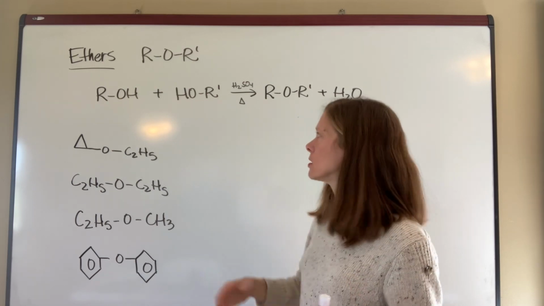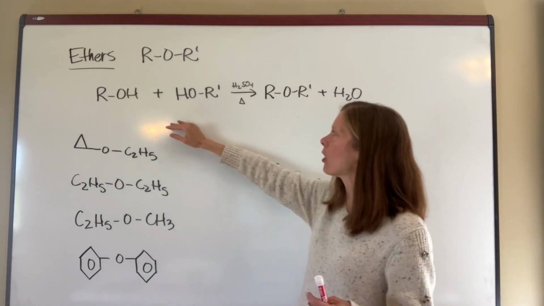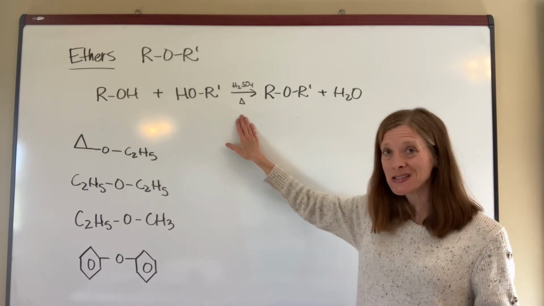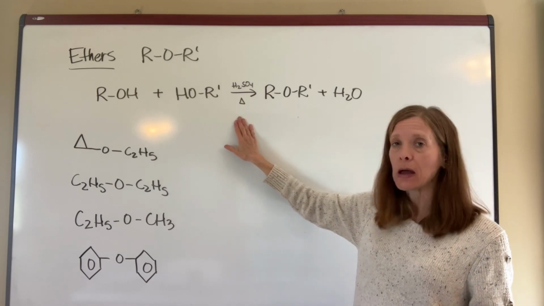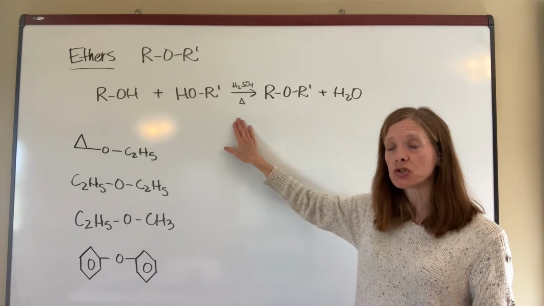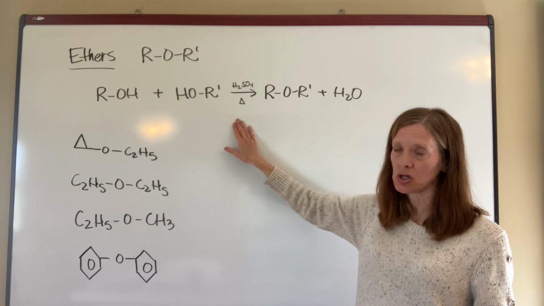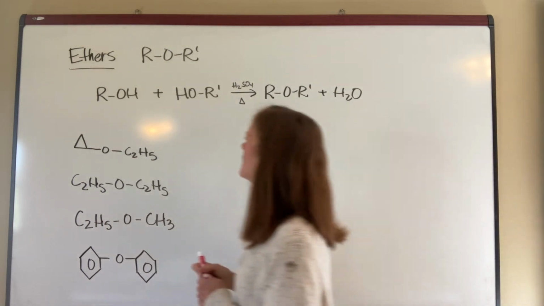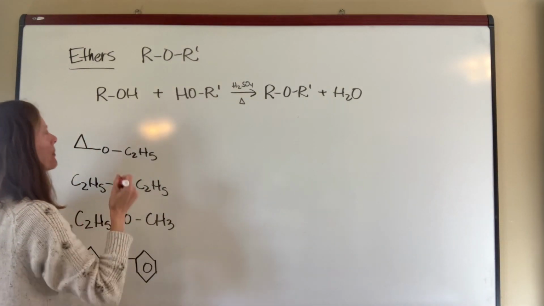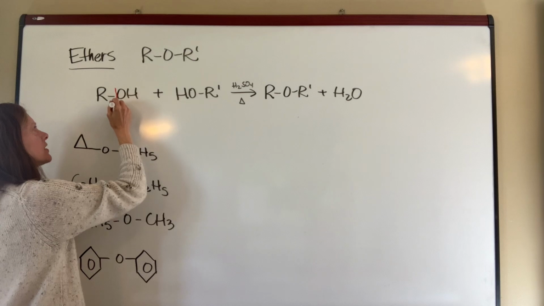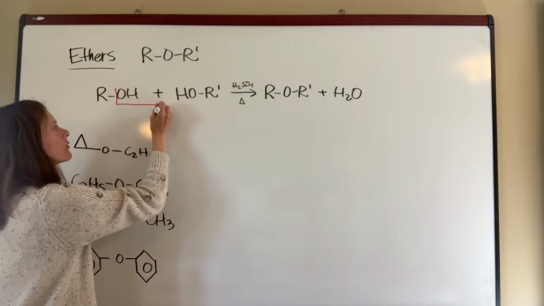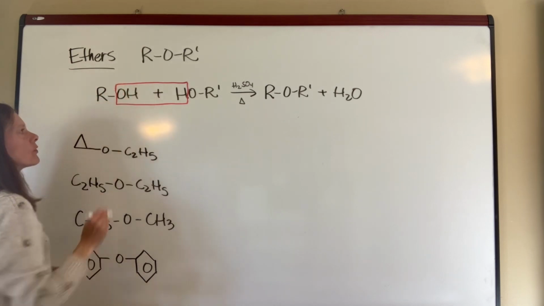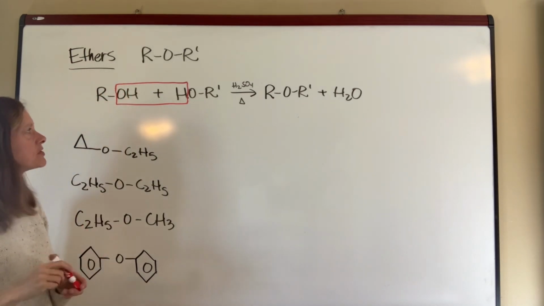Ethers are prepared by taking two alcohols and combining them in the presence of sulfuric acid and heating it up. And when you do that, you cause what's called a dehydration reaction. And all that means is that you're going to remove water from it. So basically what happens is that I'm going to take this OH group over here and the hydrogen off of this OH group over here, and I'm going to combine them together.